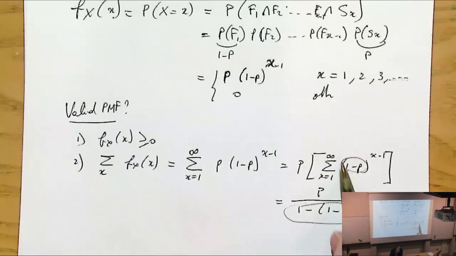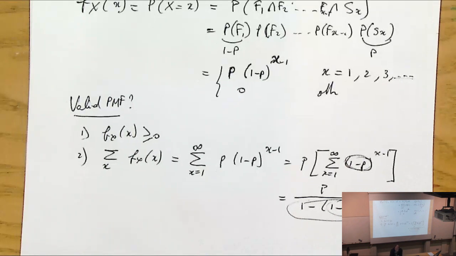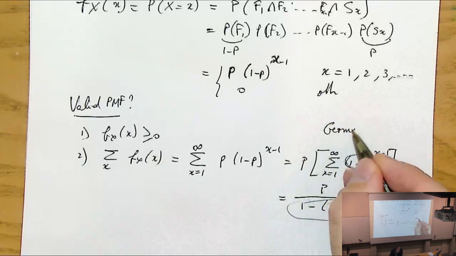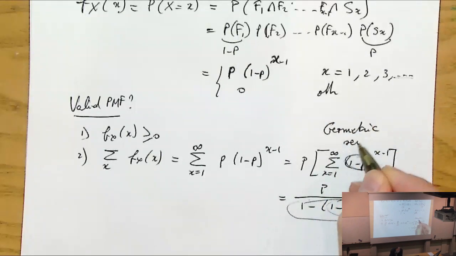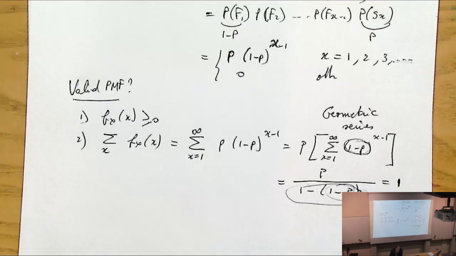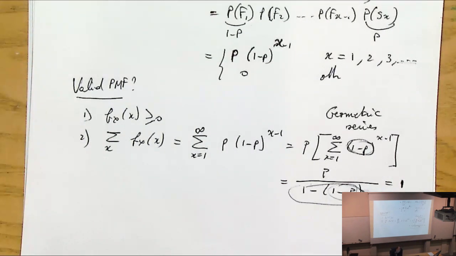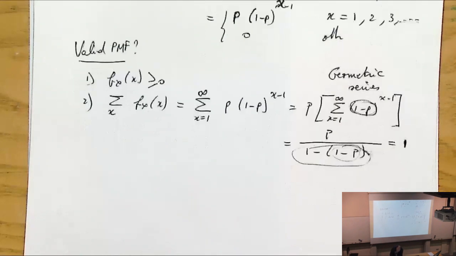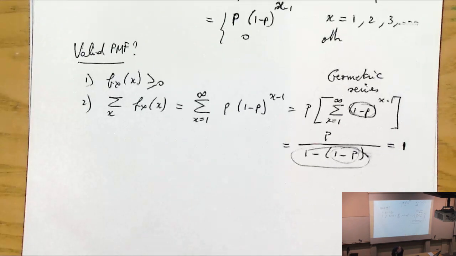So the argument of this comes here, and what you get is this equal to 1. This is not something we're going to look at in this module. So indeed, this geometric probability mass function is a valid one.